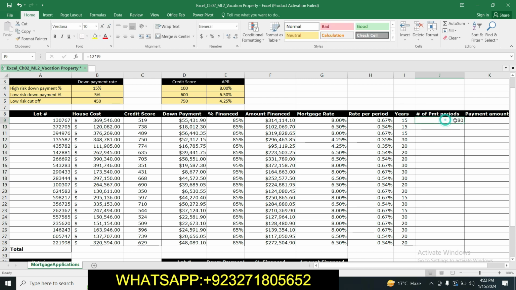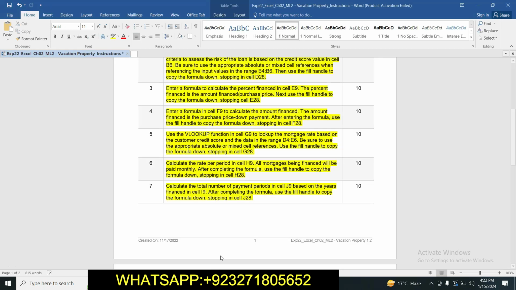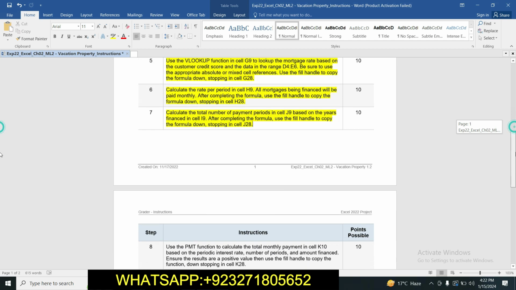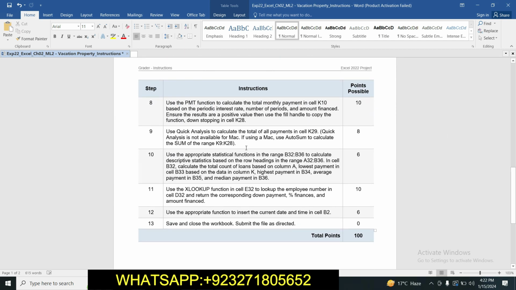Our number of payment periods is calculated using this formula. Use the autofill handle to copy the formula down. Step number 7 is completed. Now move to the next step, that is step number 8.